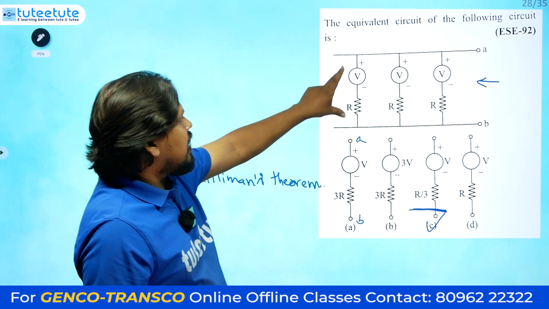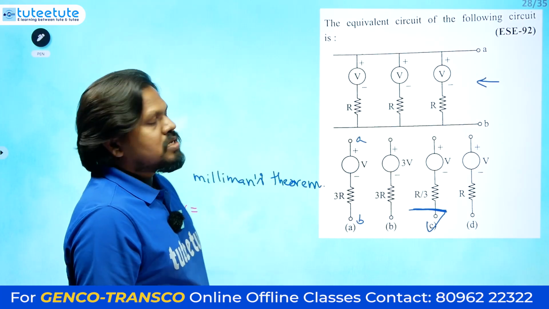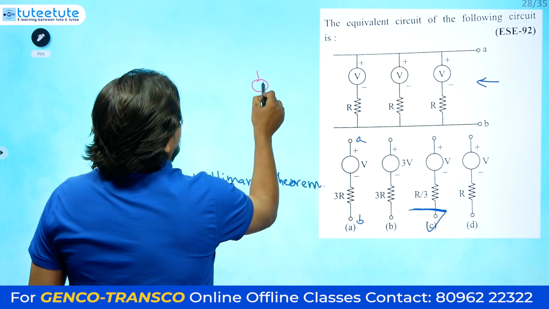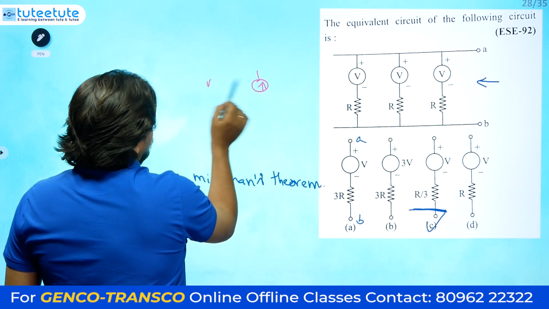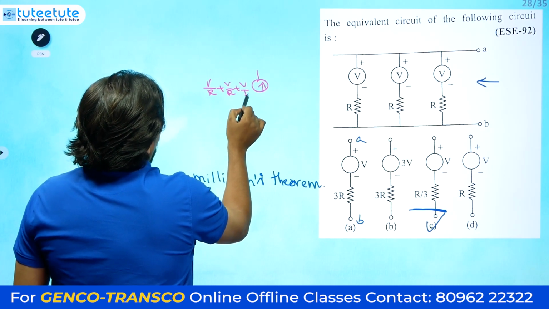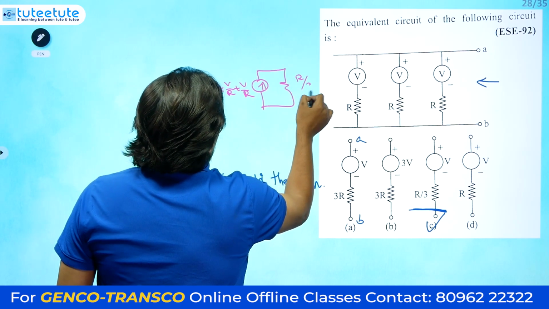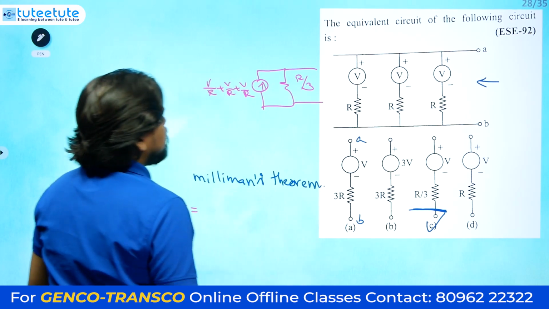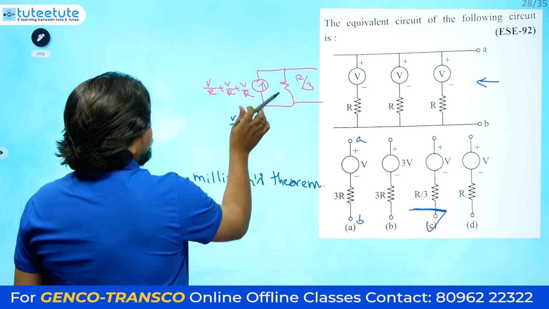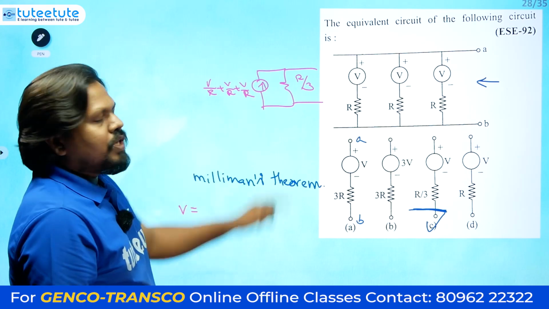You can convert a voltage source in series with a resistance into a current source in parallel with the same resistance, then we can get it easily. So here V by R, V by R, V by R, three current sources. All three resistances are connected in parallel, so you will get R by 3 between these two terminals. Then again you can convert: V by R plus V by R plus V by R is 3V divided by R, in parallel with R by 3.